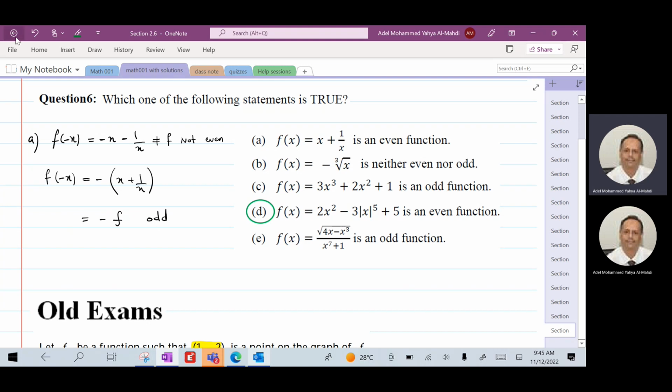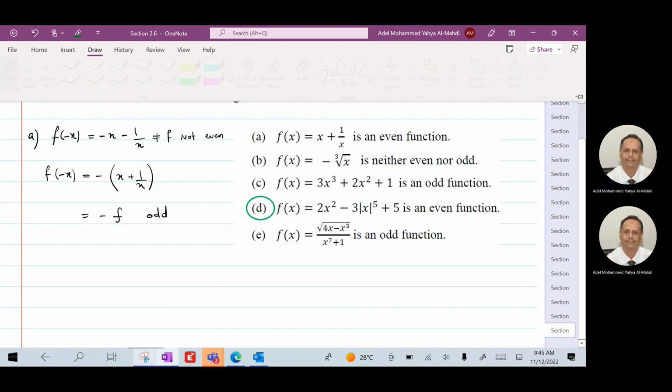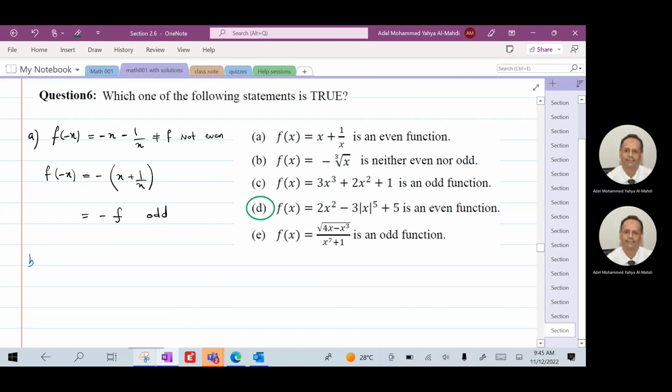B, let me do also B. f at minus x will be minus x inside the cube root. We take minus outside. So it is going to be what? Minus cube root of x, and this one is not the same as f.